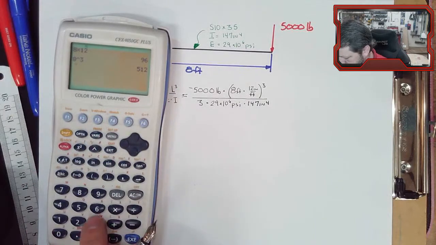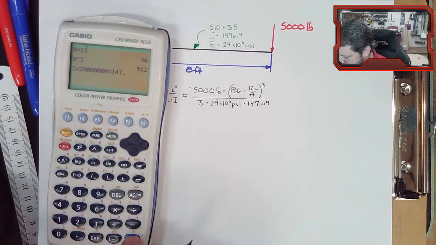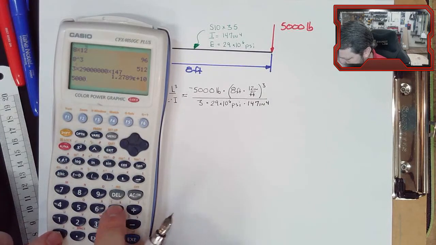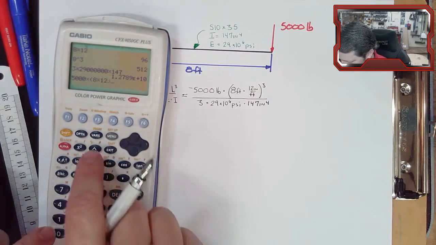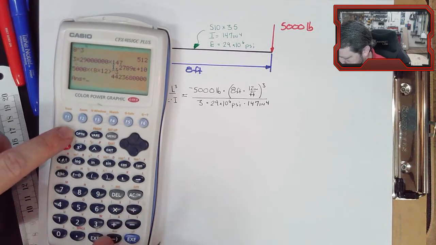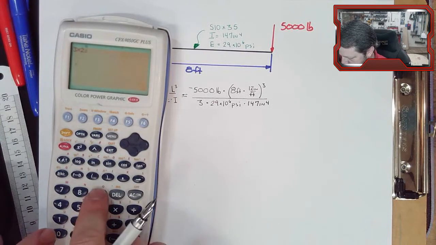Let's do the denominator. 3 times 29 million times 147. And then 5,000, that's a giant number. 5,000 times 8 times 12 cubed. Then divide by the denominator. Oh wait, I skipped a step.